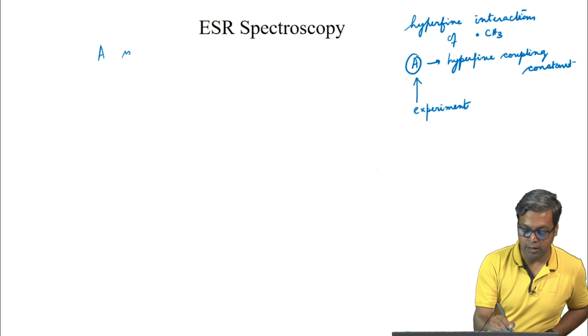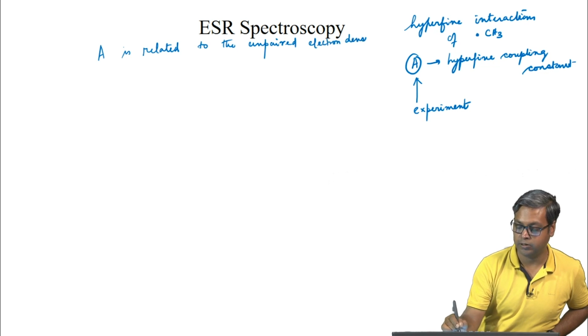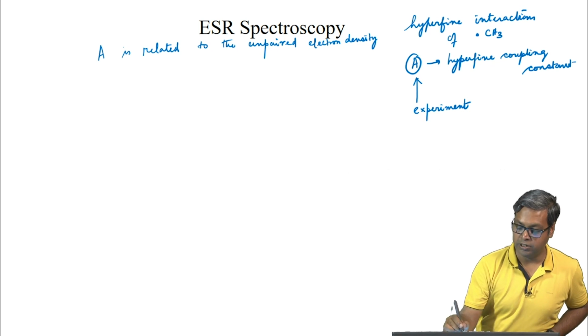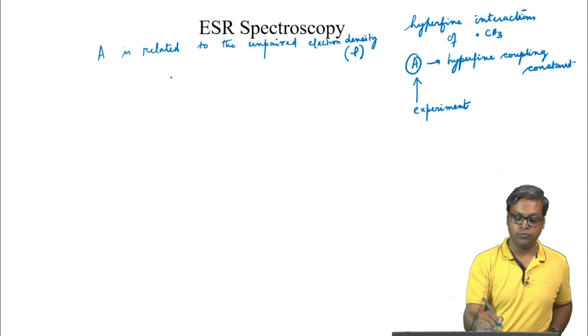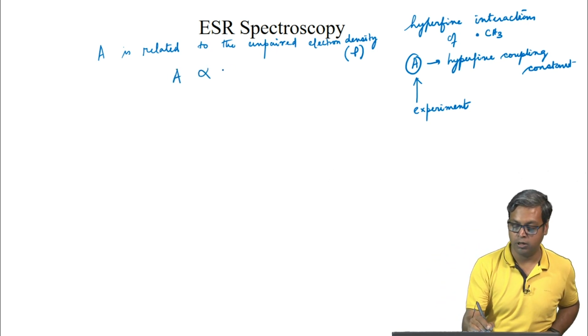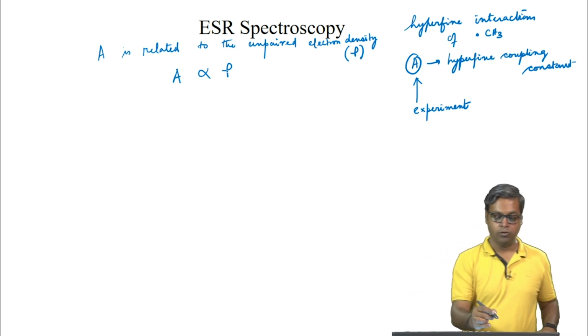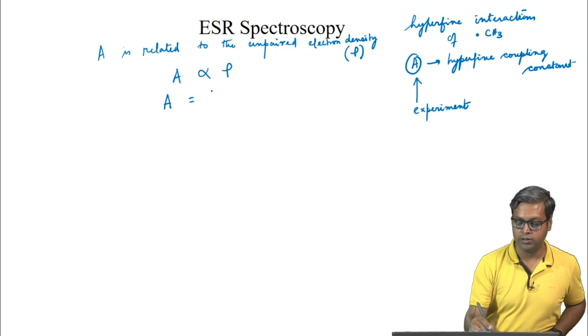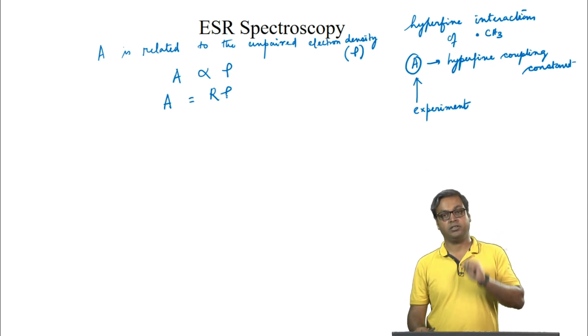So, A is related to the unpaired electron density, which is given by rho. In other words, we can write A is proportional to rho, and because A is proportional to rho, we can write A equals R times rho, where R is the proportionality constant.